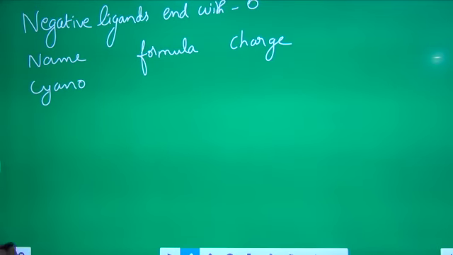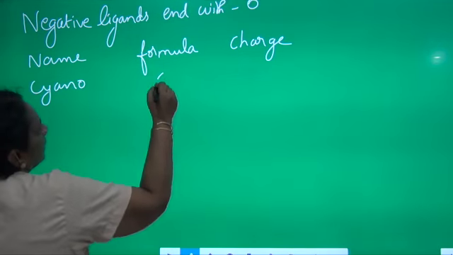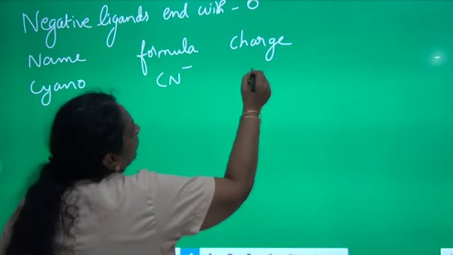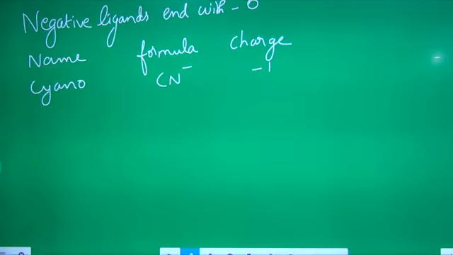The first one is cyano. The formula is CN-. So it has one negative charge. So the charge is -1.